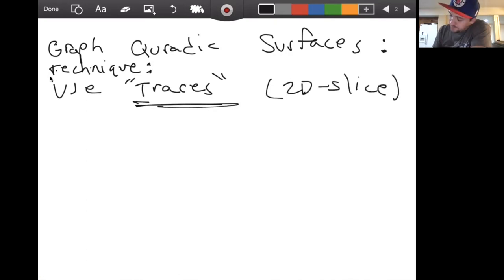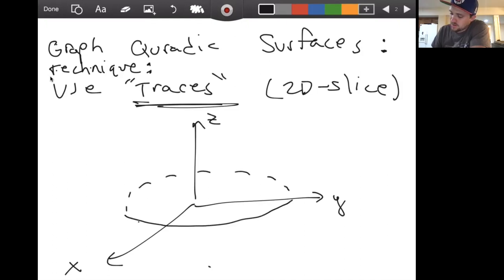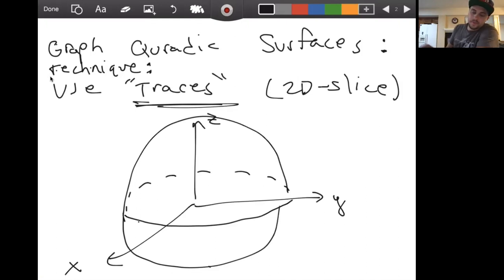So what do I mean? Let's look at a sphere in three-dimensional space. X, Y, Z. Here's our coordinate system. And let's say we have a sphere. Here's our radius. Here's the top of the sphere. Here's the bottom of the sphere. And we want to calculate the traces.